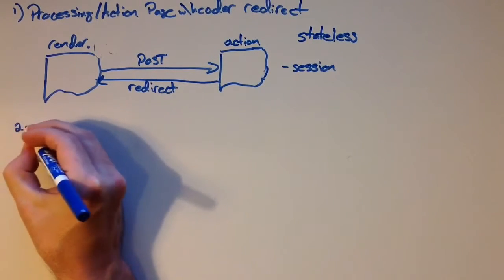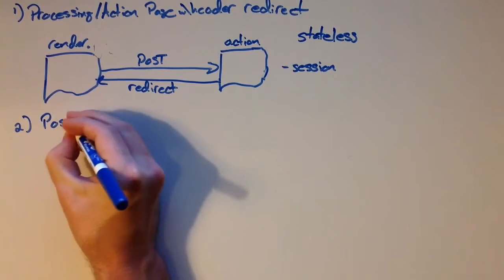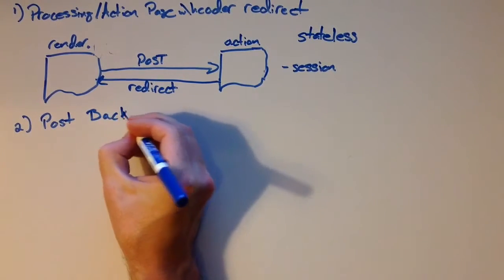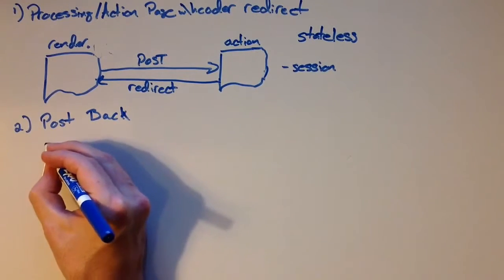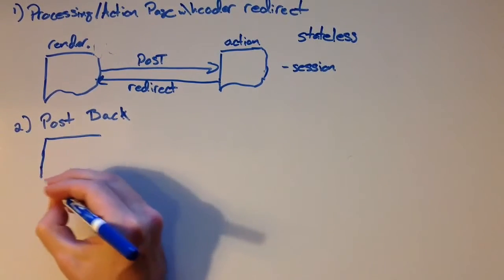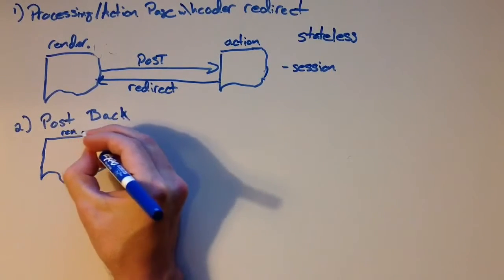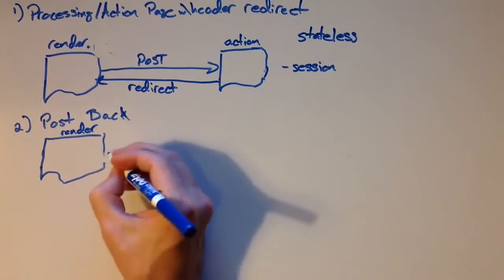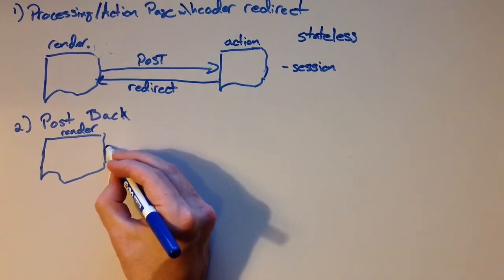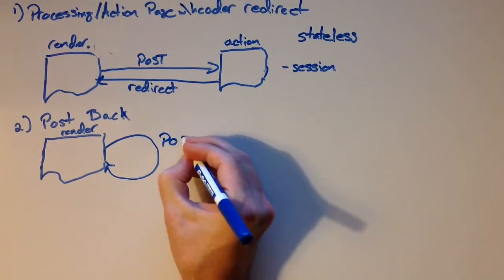A second way of doing this is what's referred to as a Postback. This involves one page. Call this render, and there's a form on it. When you submit the form, it will do a post back to itself.